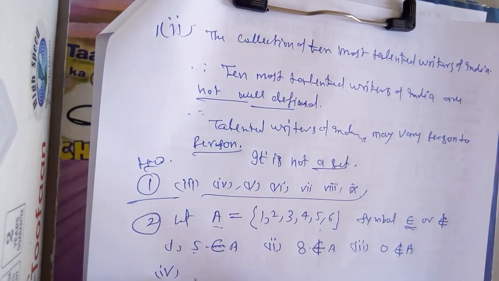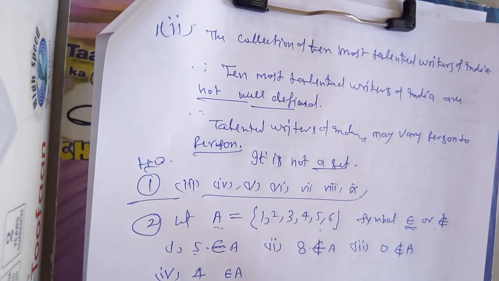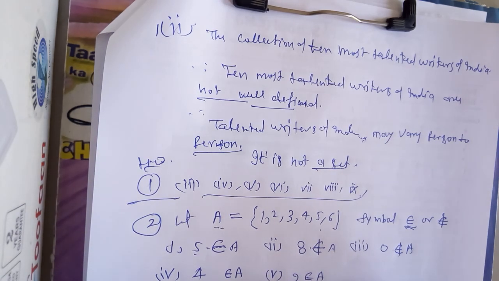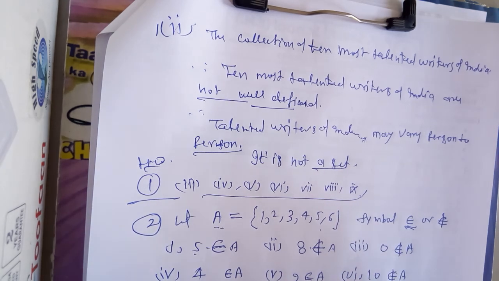Fourth, 4 is given, so 4 belongs to A. Fifth, 2 is also given in A. Sixth, 10 is not given, so 10 does not belong to A. Okay, that is your answer. Then solve similar type questions.